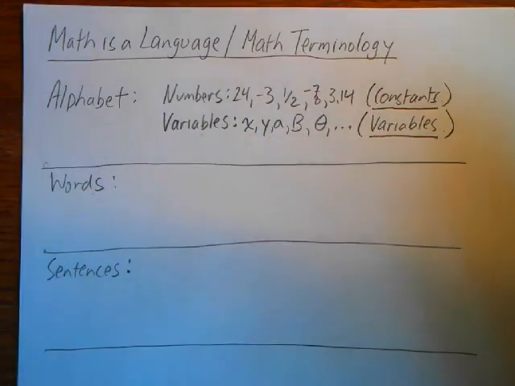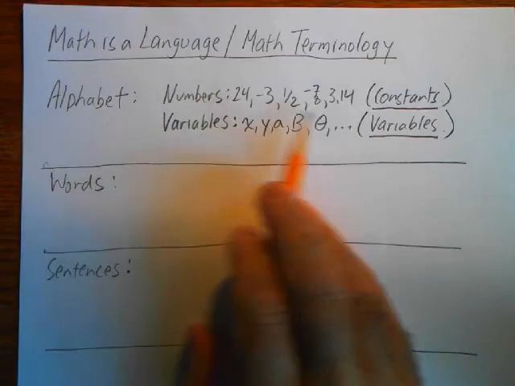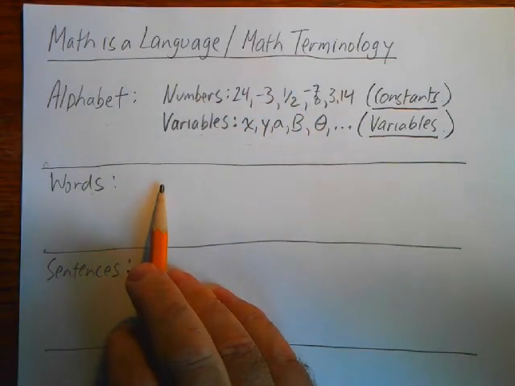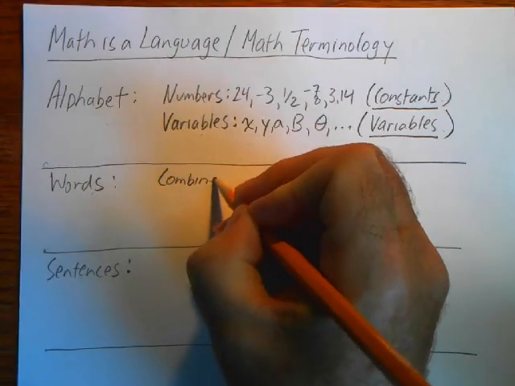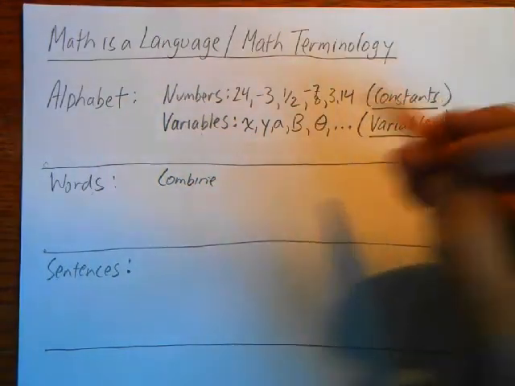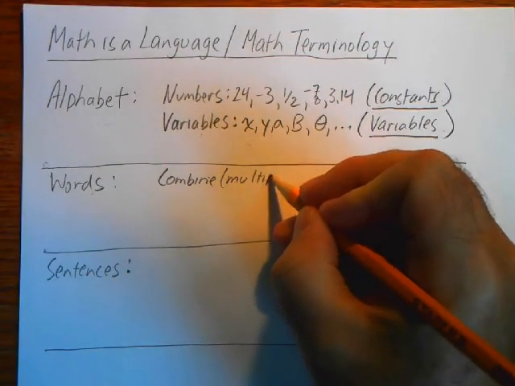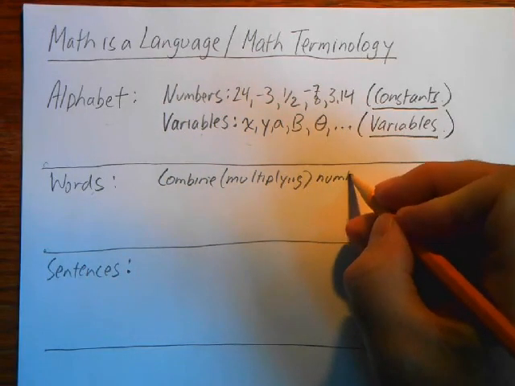Now what we do with our constants and variables, we actually combine these to create the equivalent of words. So what we do is we stick these together by multiplying. So we combine by multiplying numbers and variables.